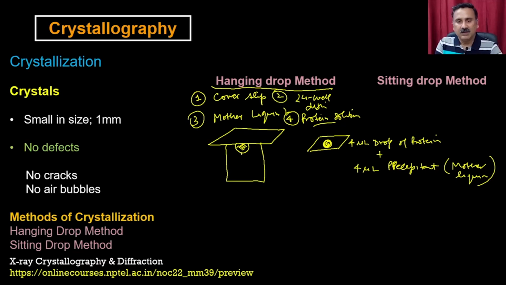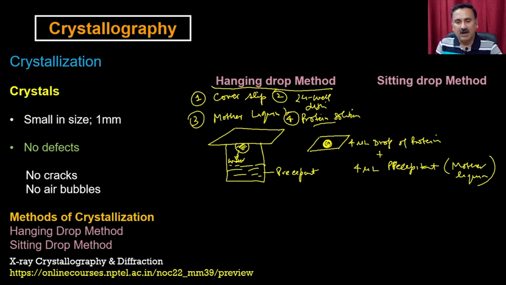Now what will happen is that eventually the water is going to come out. This well is filled with the same precipitant that you have added to the protein molecule. So you are going to have the precipitant in this. When you do this, the water molecules are going to be taken up by this downstream liquid, right?